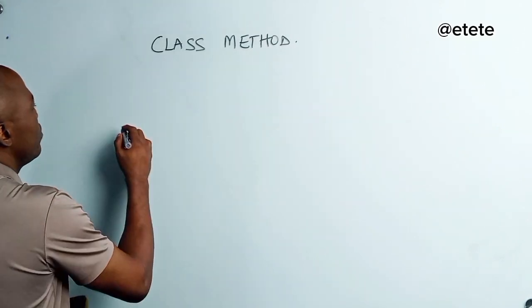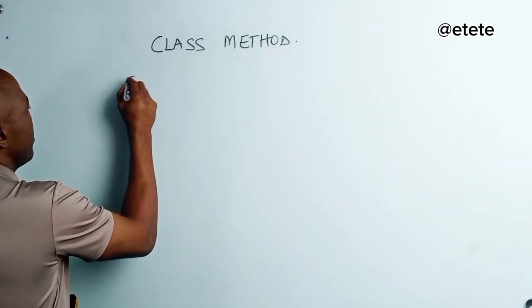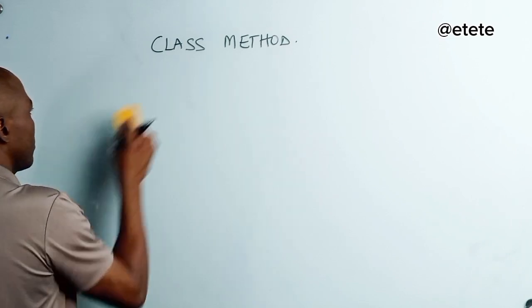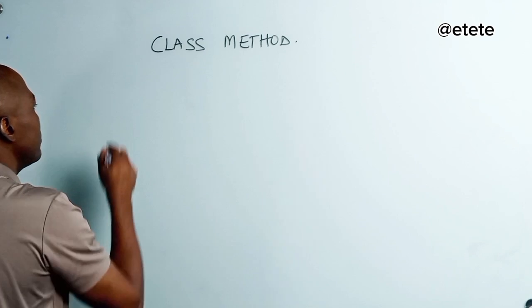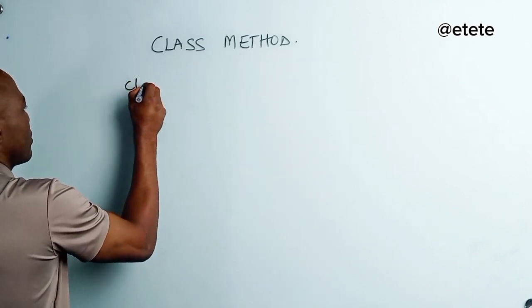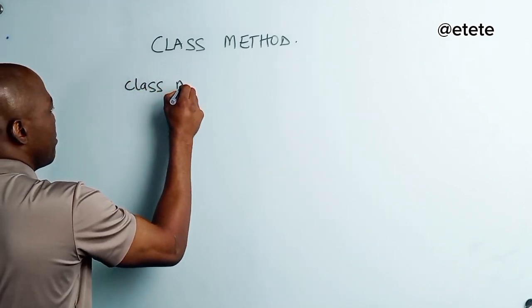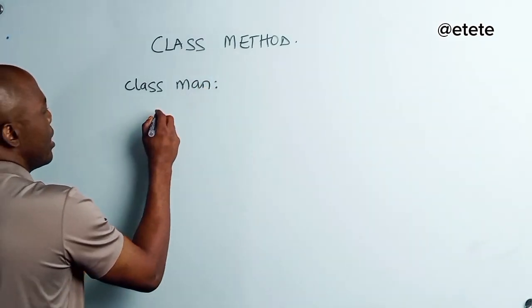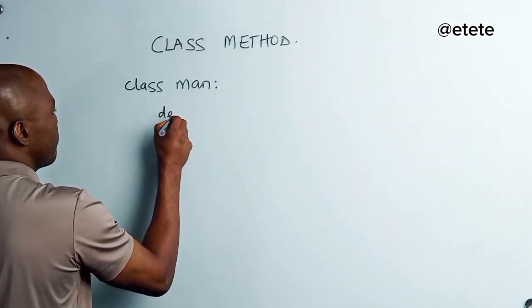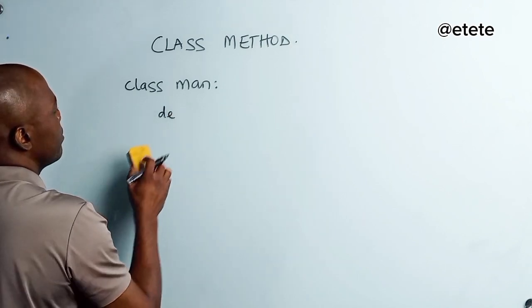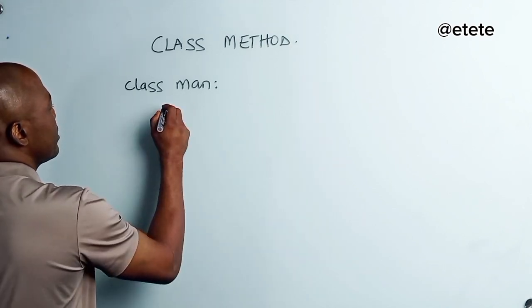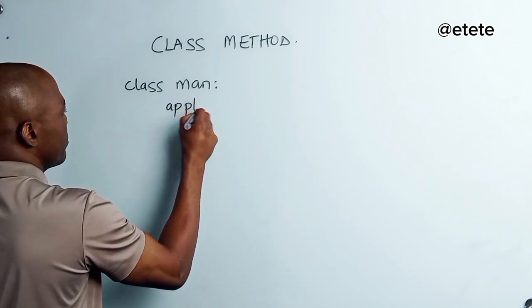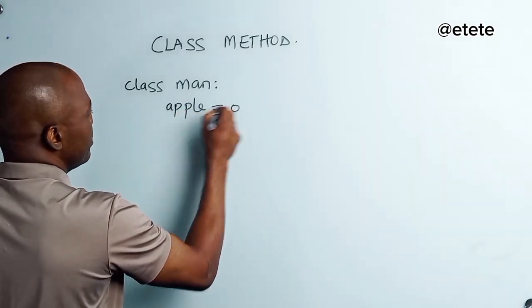So the first thing we will do, we will create the class, class man. No, the first thing is let's create a class variable. We'll say apple, and we'll assign 0 to it.